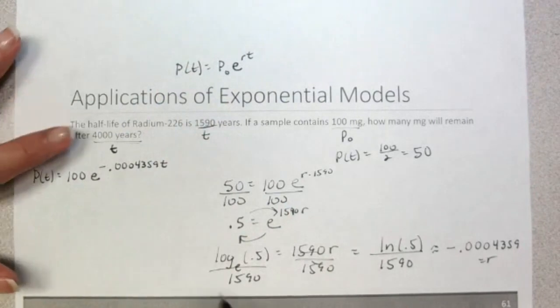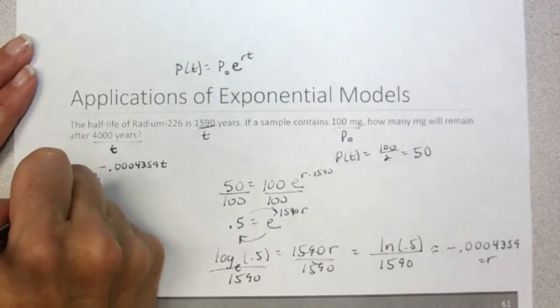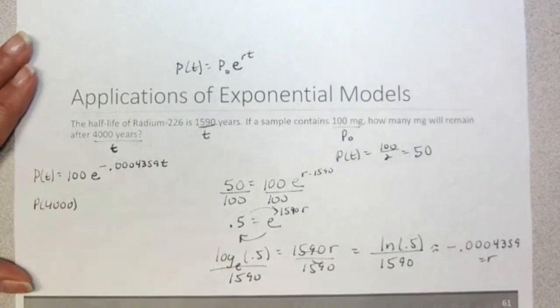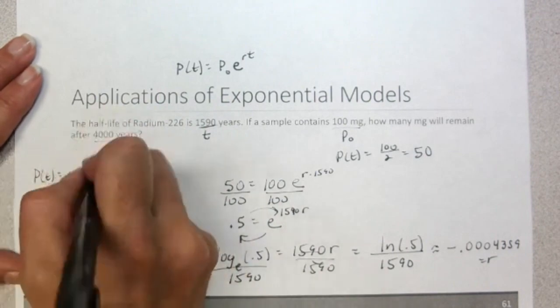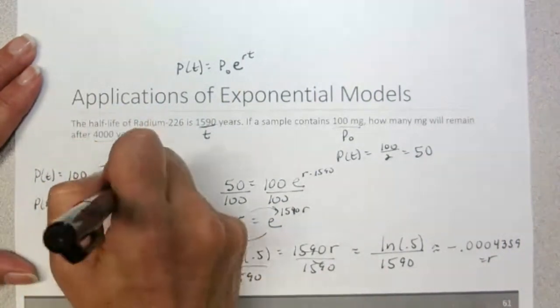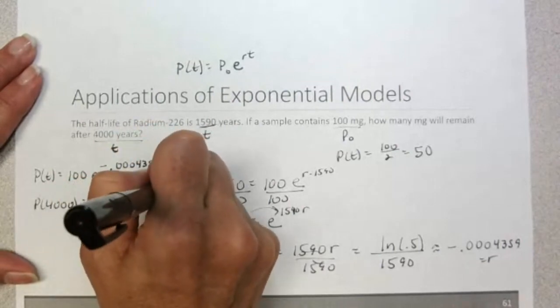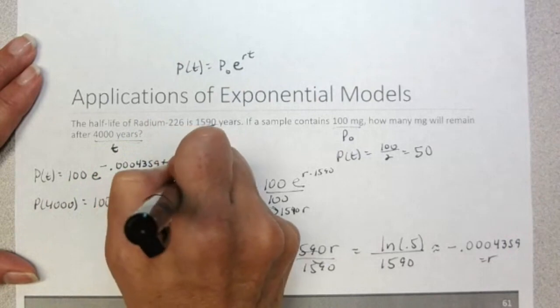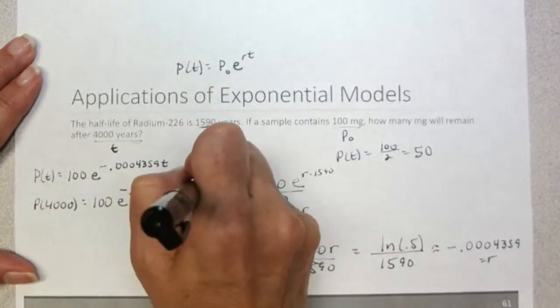I can now use my model to find P of 4,000, or the amount of radium that's left after 4,000 years. It's going to be 100 times E to the negative 0.000439 times T, and T is going to be 4,000.